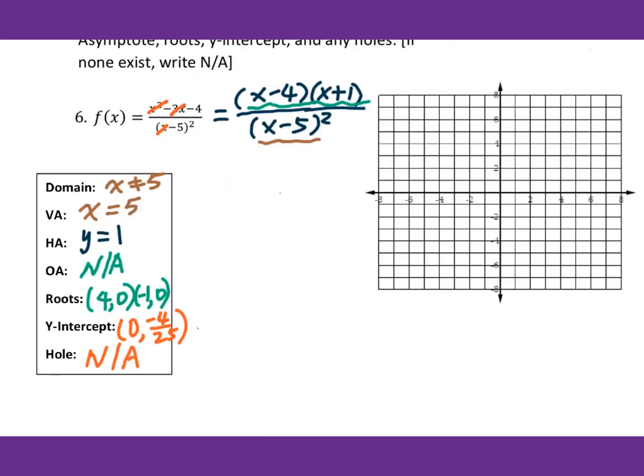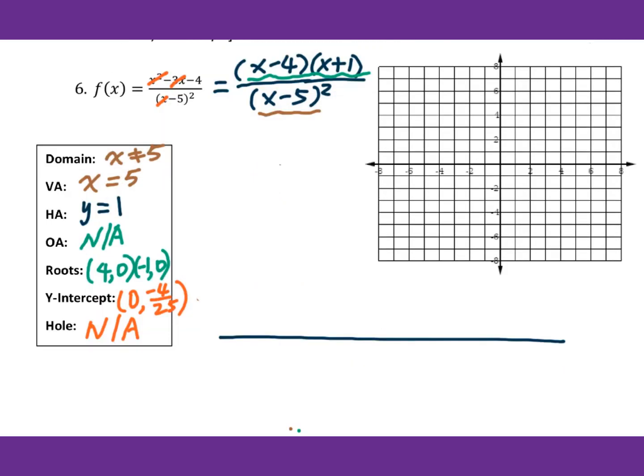Now we use a number line to sketch this rational function. We got negative 1, 4, and 5. x equals 5 is a vertical asymptote line. Negative 1 and 4 are roots, so we use the big dot. The graph will pass through these 2 points. 0 is here, then this will be negative because it's negative 4 over 25.